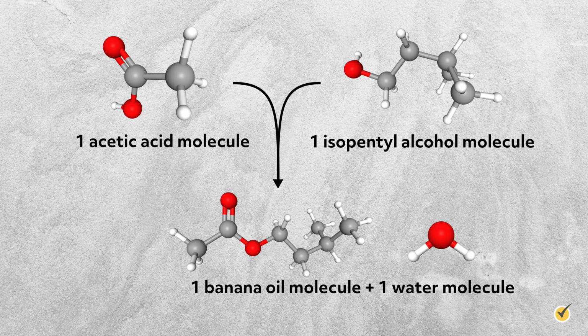In other words, the mole ratio is 1:1 for both reactants. This will be necessary later when we convert from moles of reactants to moles of product. Next, we need to know how much banana oil we can make from 7 milliliters of acetic acid and 5 milliliters of isopentyl alcohol, our theoretical yield.